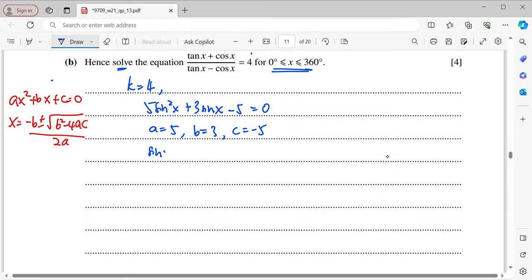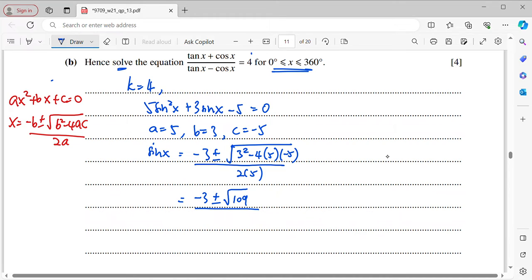So sine x will be minus 3 plus minus square root of 3 squared minus 4 times 5 times minus 5, over 2a. Then I will be getting minus 3 plus minus square root of 109, divided by 10.